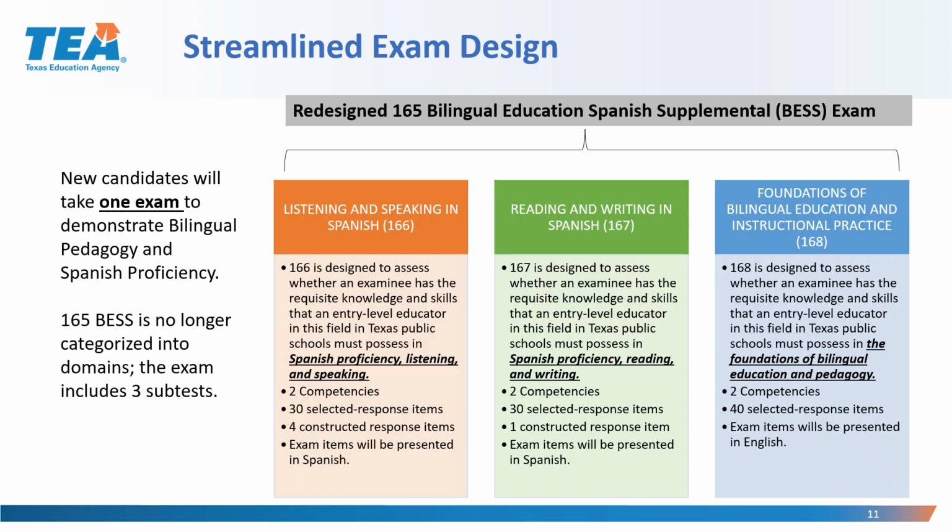The second subtest, 167, Reading and Writing in Spanish, contains 2 competencies, 30 selected response items, 1 constructed response item, and this subtest is also presented in Spanish. The last subtest, 168, is the Foundations of Bilingual Education and Instructional Practice. This subtest contains 2 competencies, 40 selected response items, and will be presented in English.